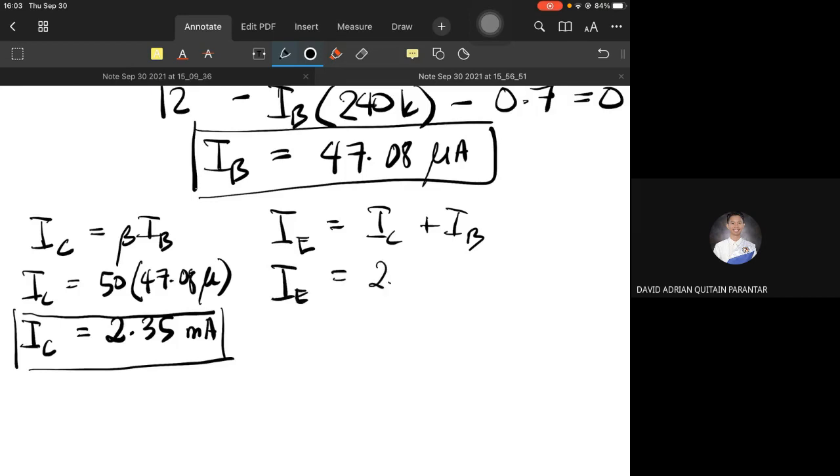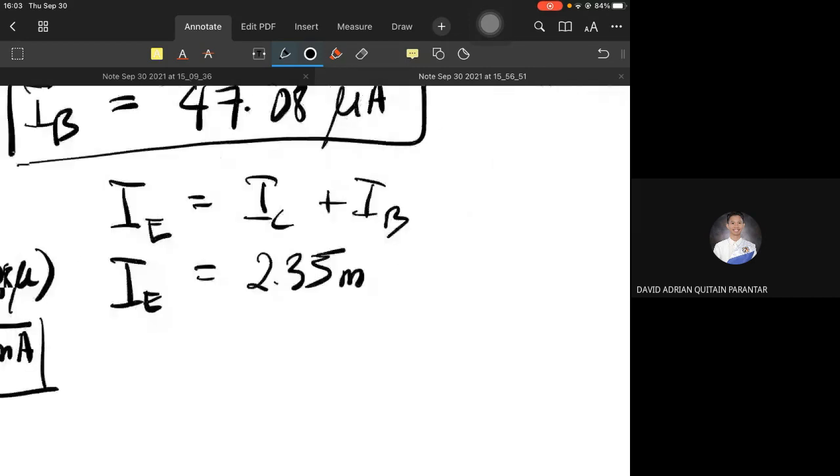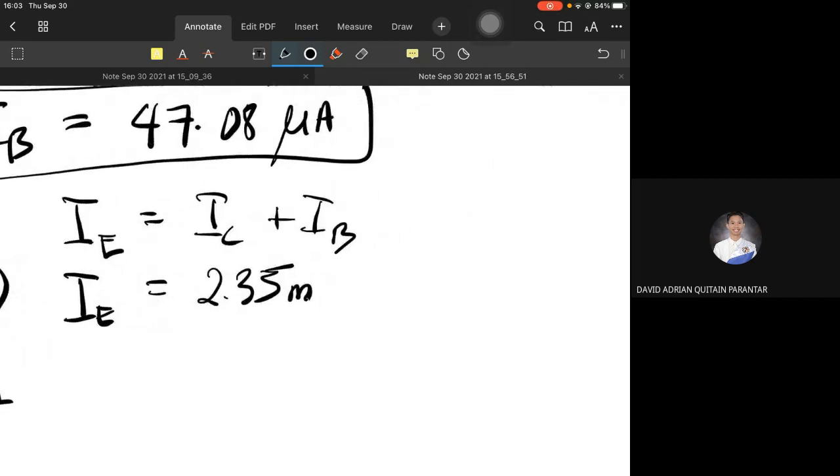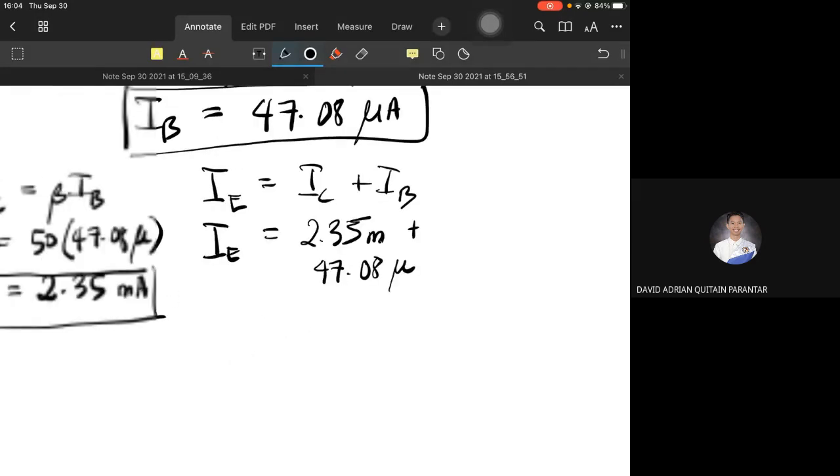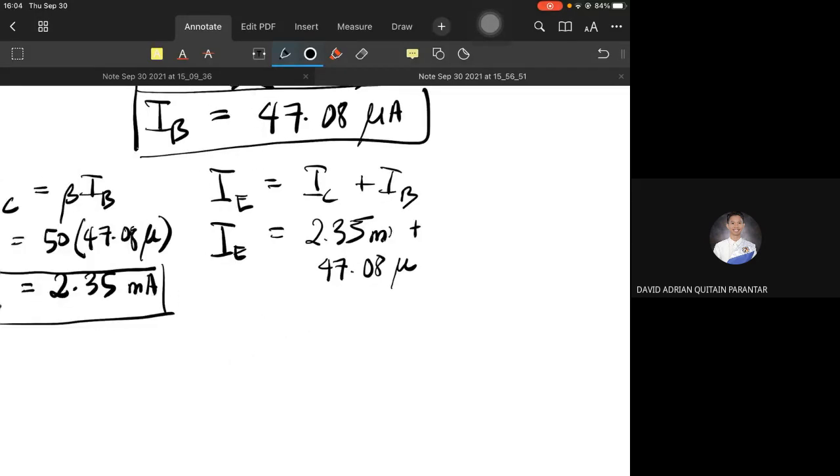IC is 2.35 milliamperes. Take note here that many make mistakes because the units are not the same: IC is milli and IB is micro.